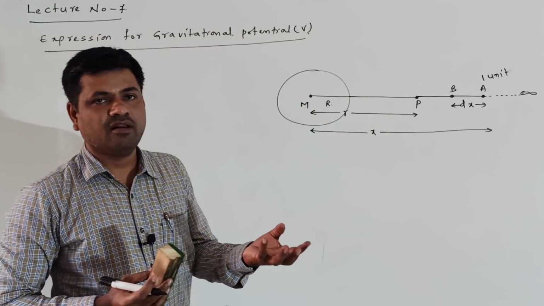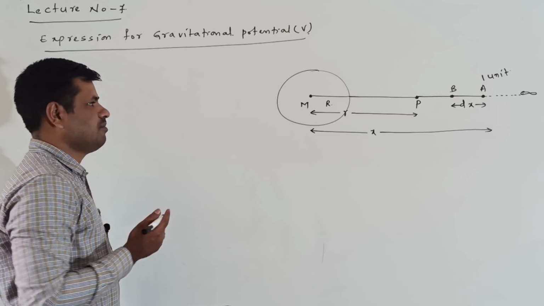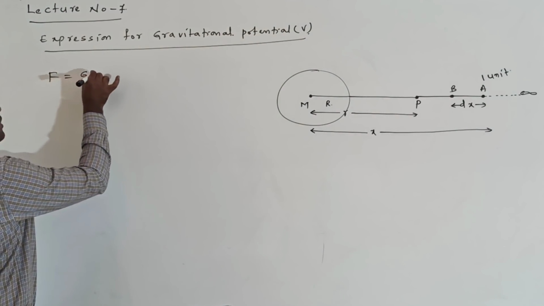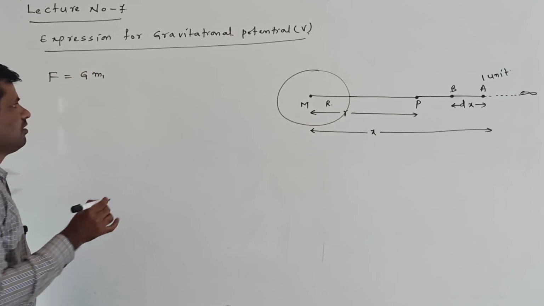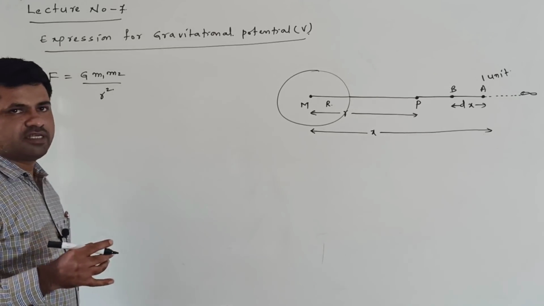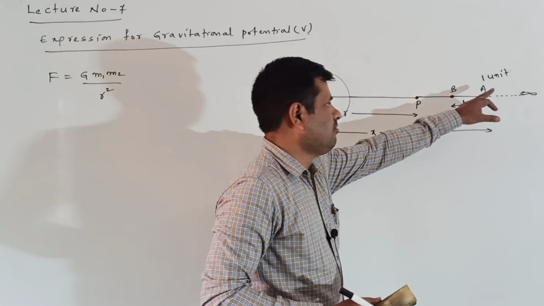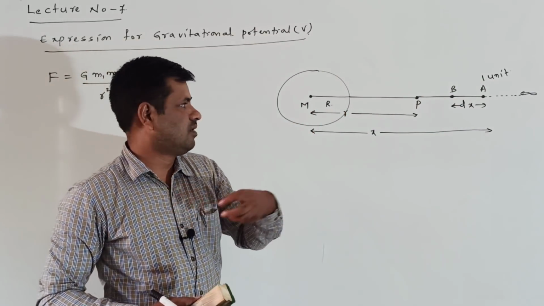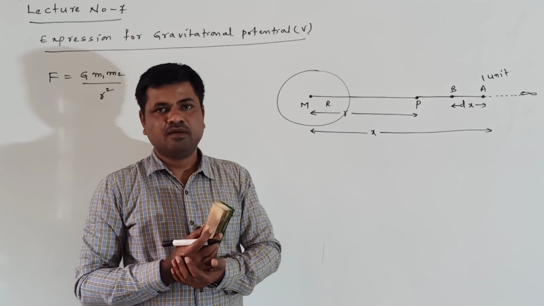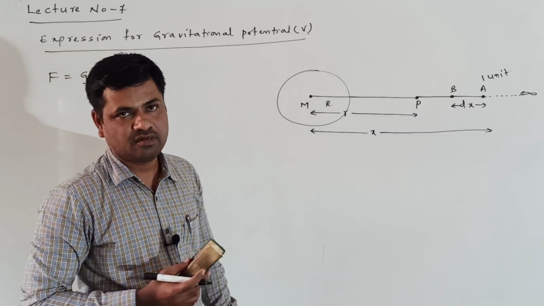The gravitational force of attraction between the 1 unit mass and capital M mass can be written with the general formula F equal to G M1 M2 by R square. This is the gravitational force of attraction between the two bodies. The earth has mass capital M, and this mass is attracting the unit mass towards the center of the earth.